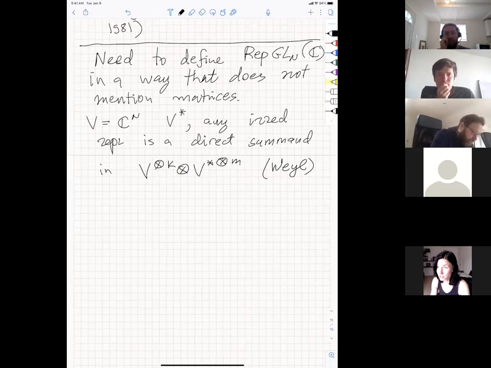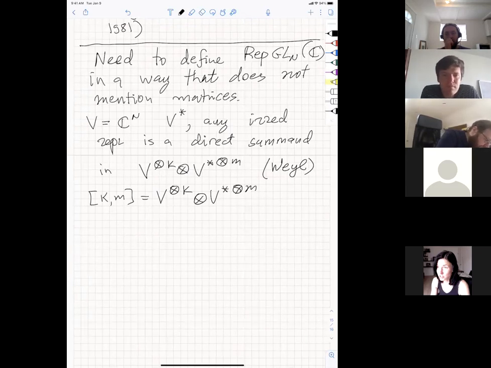So therefore we can do the following thing. We can take this object, I will call it K_{k,m}, which is V to the k times V dual to the m. And then I consider the category C consisting of those objects K_{k,m}.